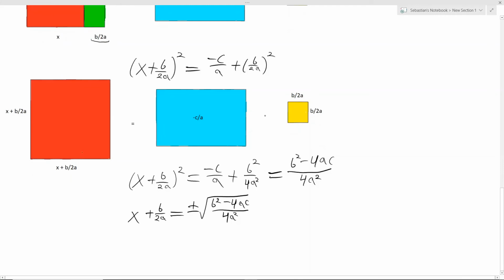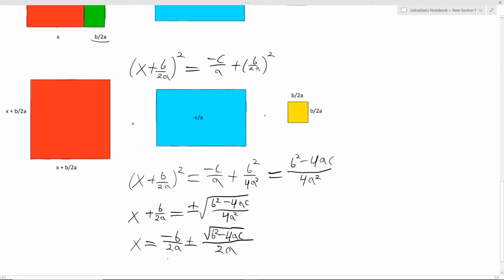What that allows us to do is, first of all, subtract the b over 2a from both sides to get the x by itself on the left hand side. And also, you'll notice that we have a 4a squared in the denominator inside the square root, and we could take the square root of that. So then what that leaves us with is negative b over 2a plus or minus the square root of b squared minus 4ac, all over 2a, now that we've simplified the square root of 4a squared.